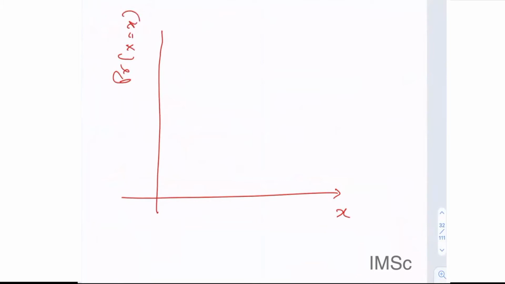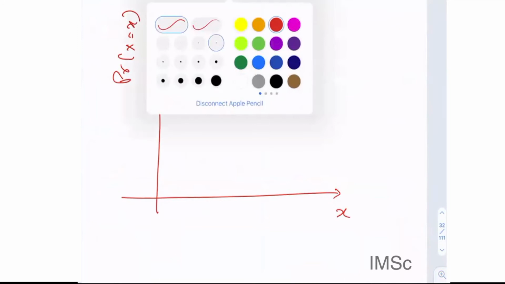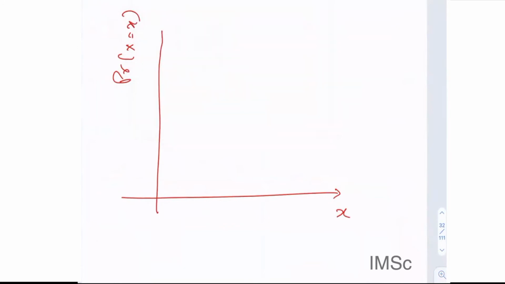Now, based on what X takes, what will you get? X could take some possible values here, right? It could take this, it could take this. In fact, it is some sort of step function.